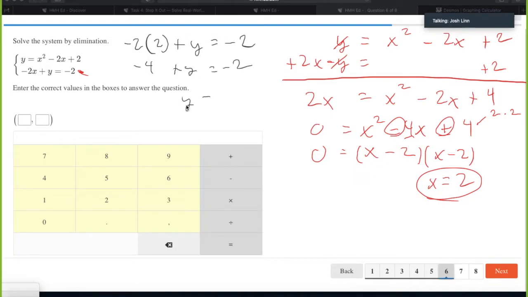So y equals +2 because we added 4 to both sides. So my answer is, oh, that's convenient, 2, 2. Let me check the answer real quick to make sure that that's right. I don't want to lead anybody astray. Yeah, so the solution is 2, 2.